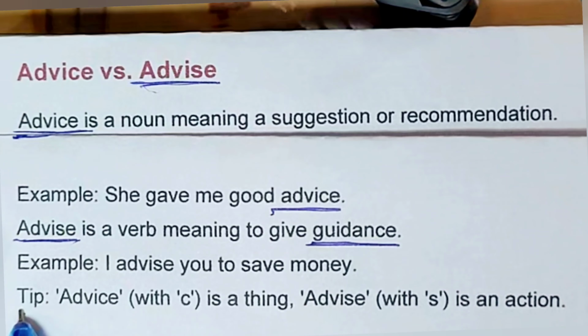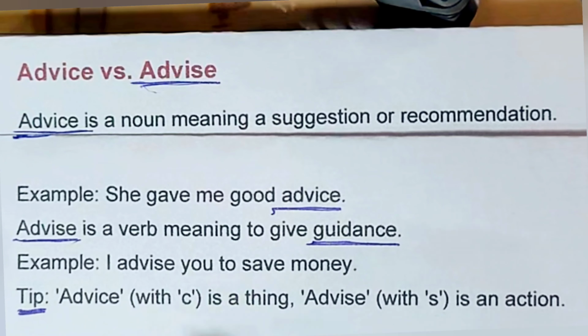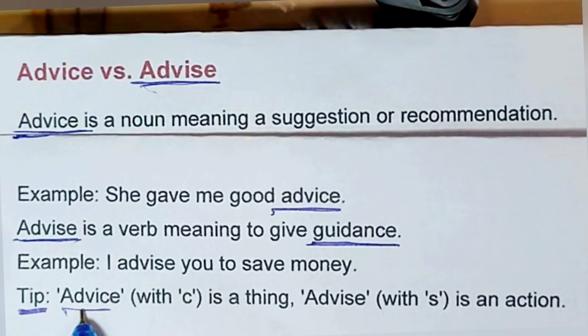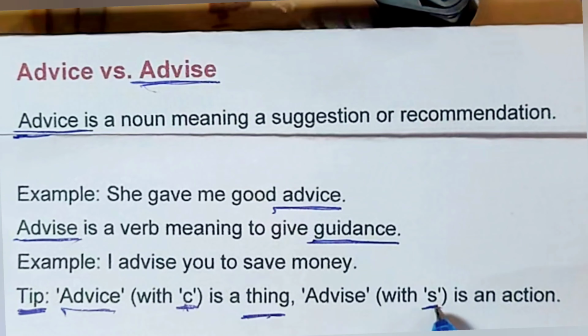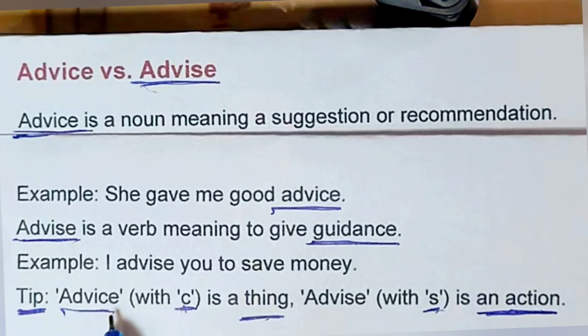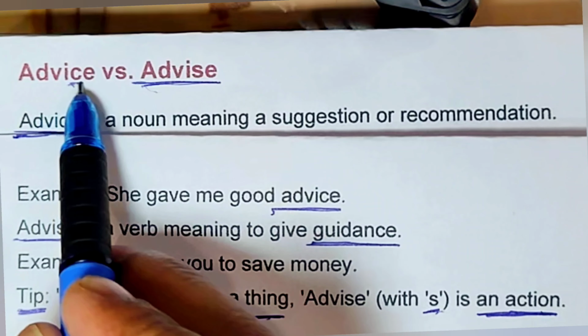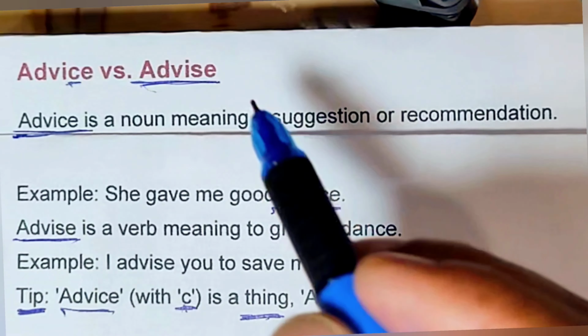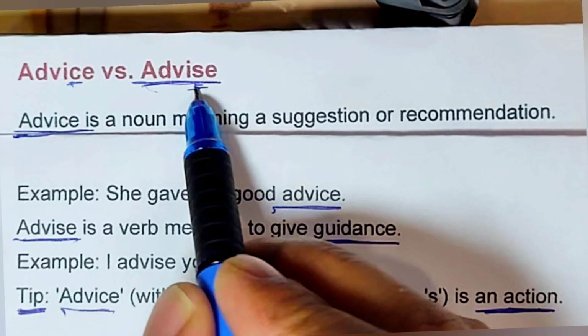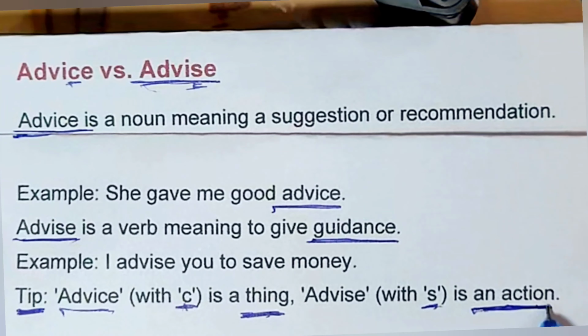So the tip here to remember both words: advice with C is things, and advise with S is an action. So when you notice C in the word here, this means things, and when you notice S in the word here, then it means an action.